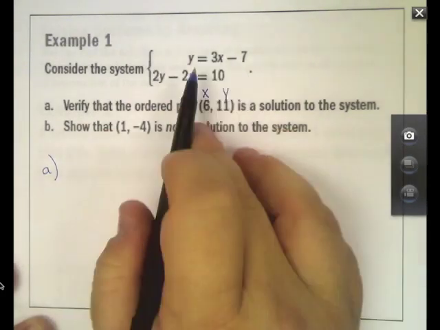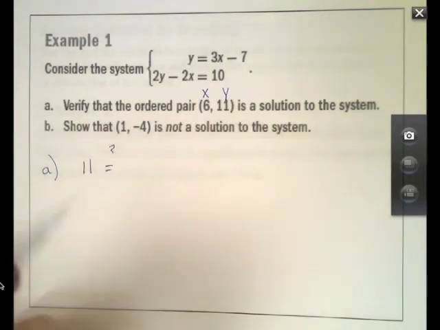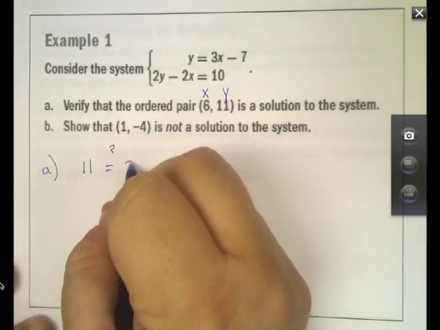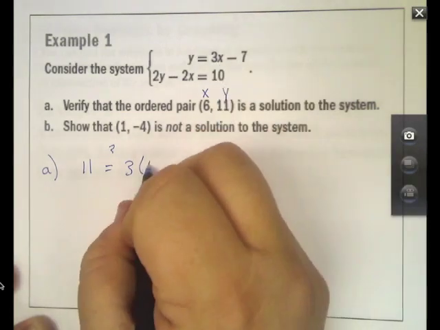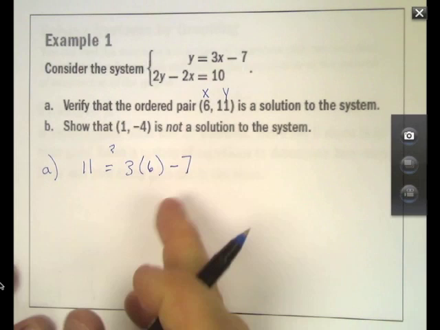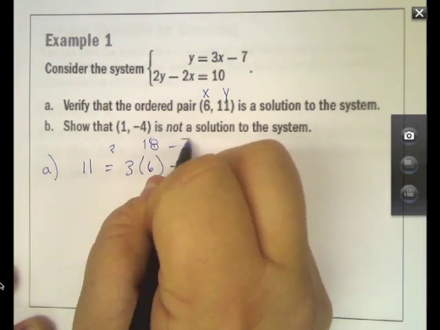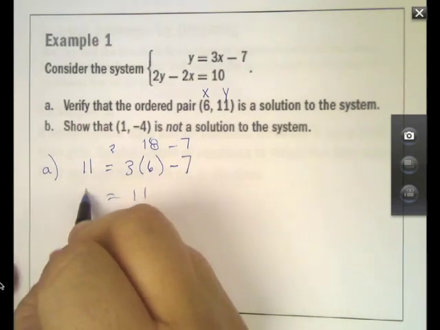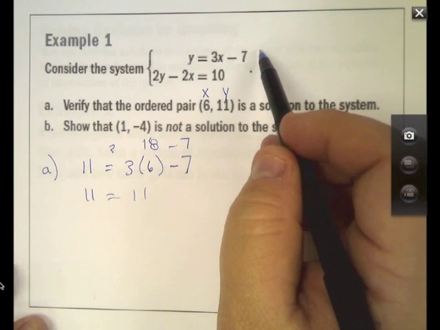So for A, y is 11. Does it equal 3 times x, which is 6, minus 7? If you do your math on the right-hand side, 18 minus 7 equals 11. Does 11 equal 11? Yes. So it works for the first equation.